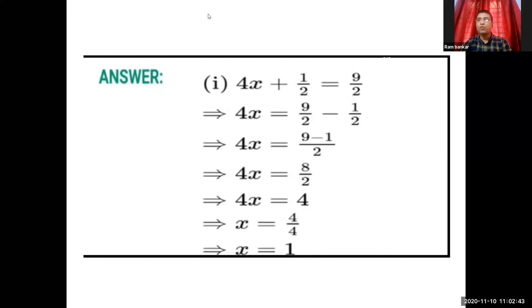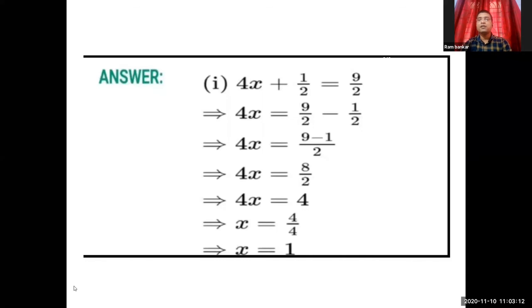So next step, look at the second step. 4x is equal to 9 minus 1 divided by 2. Why only divided by 2? Because look at the first step, 9 upon 2 minus 1 upon 2. In this equation, you will notice the denominators are the same. If denominators are the same, we can subtract the numerators. What are the numerators? 9 minus 1.